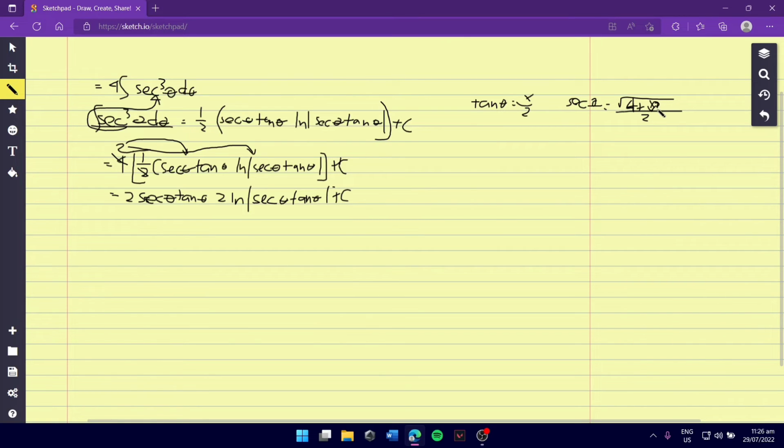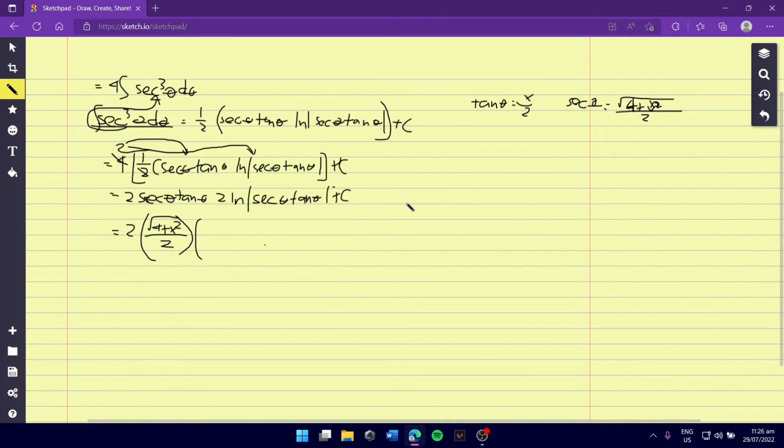So now we will distribute this in this equation. So we have 2 secant theta, which is the square root of 4 plus x squared over 2, right?